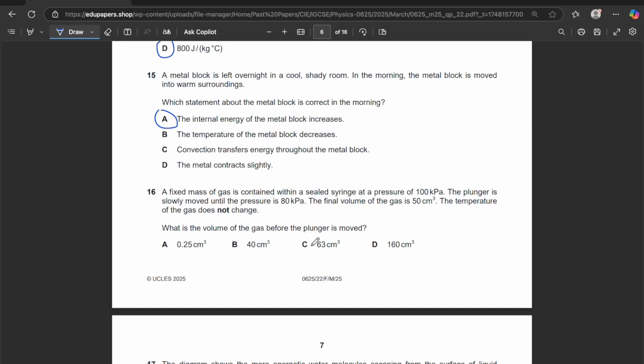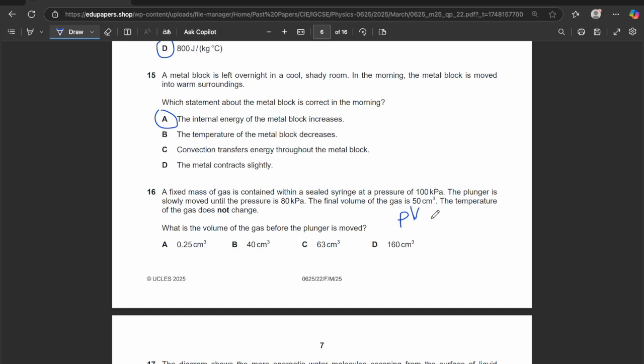So this is just testing the constant thing, right? The relationship between pressure and volume. We know it as PV is equal to constant, or P1V1 is equal to P2V2.